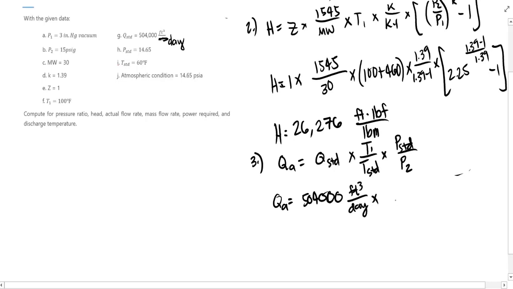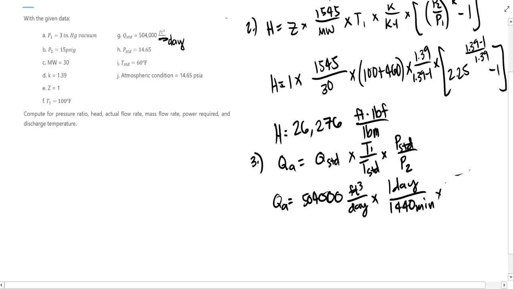So, convert na natin yan into minute. So, 1 day is equal to 1440 minute. Then, ano pa? Yan. Substitute the temperature.